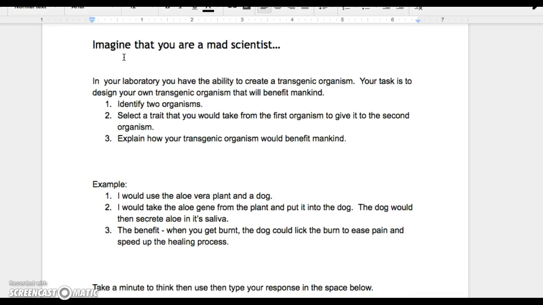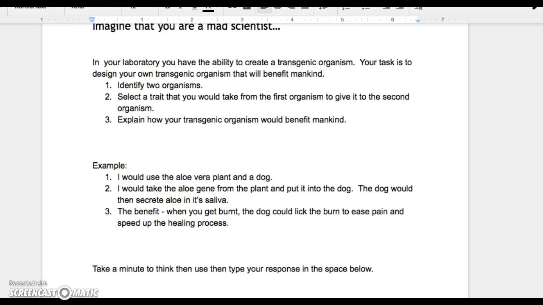So I'm asking them to imagine that you are a mad scientist. In your laboratory, you have the ability to create a transgenic organism. Your task is to design your own transgenic organism that will benefit mankind. So they have to identify two organisms, select a trait that you would take from the first organism to give to the second organism, and explain how your transgenic organism would benefit mankind.